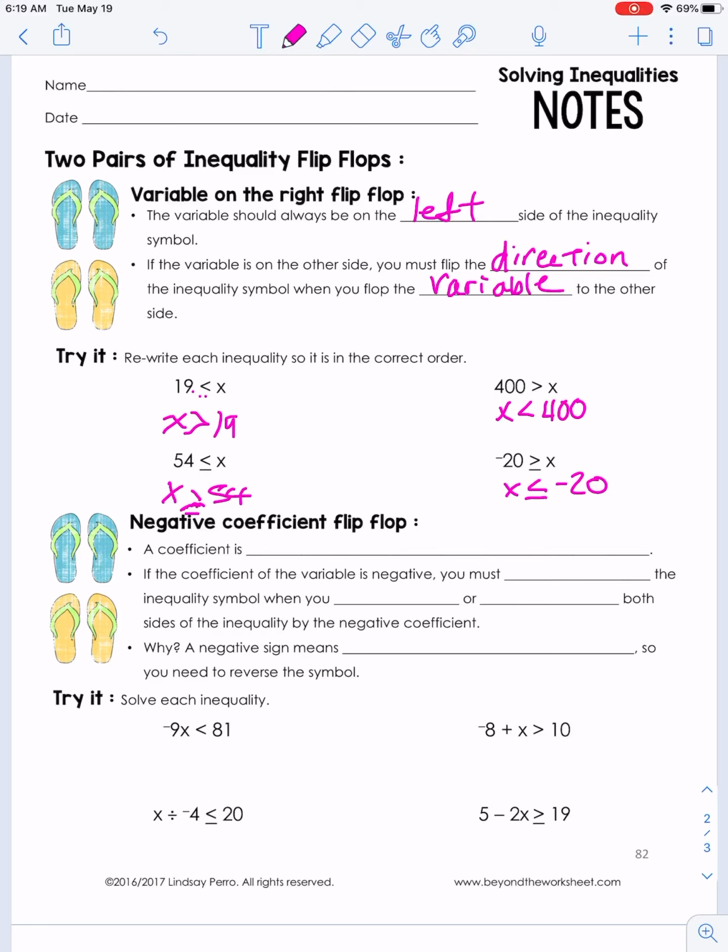But here's the more important part. This is what we just saw in that other example. The coefficient is, if you remember right, the number in front of the variable. So it's the number multiplied or divided with the variable.